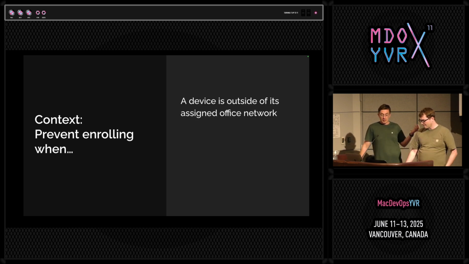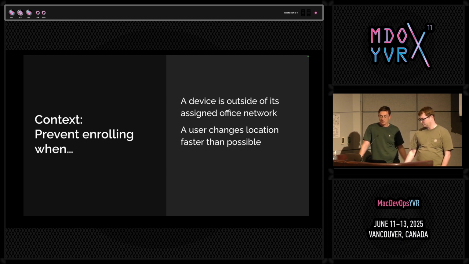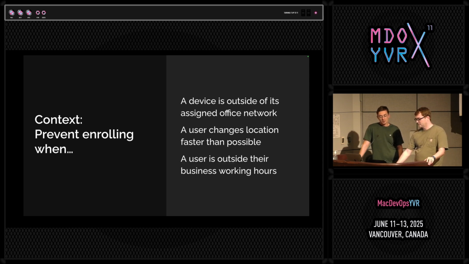Some examples of context that we can apply: if a device is outside of its assigned office network, a user changes location faster than possible, that might be a bit fishy, or a user is outside of their business working hours. These are all things that the web view ability opens up, where we can go and make our own checks.